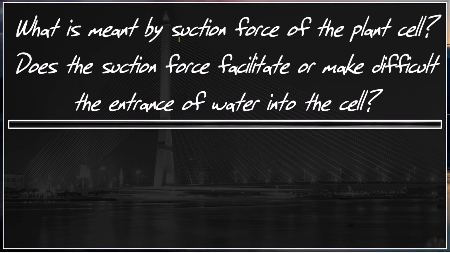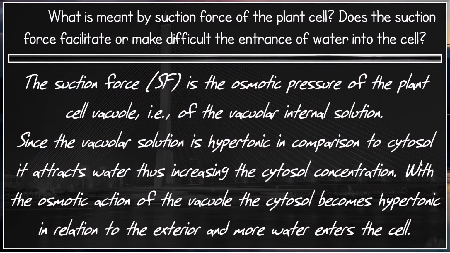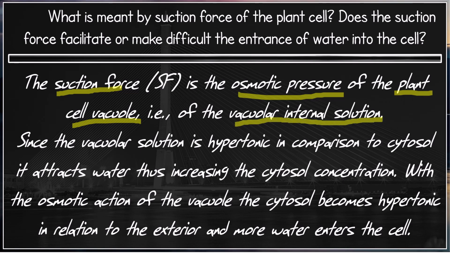What is meant by suction force of the plant cell? Does the suction force facilitate or make difficult the entrance of water into the cell? The suction force is the osmotic pressure of the plant cell vacuole, of the vesicular internal solution.